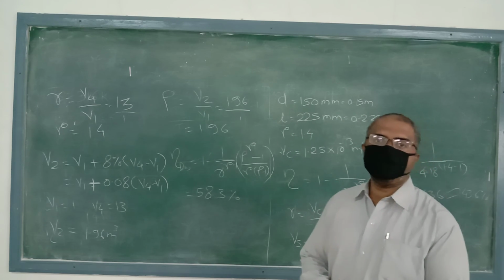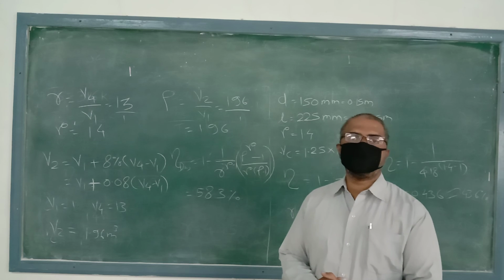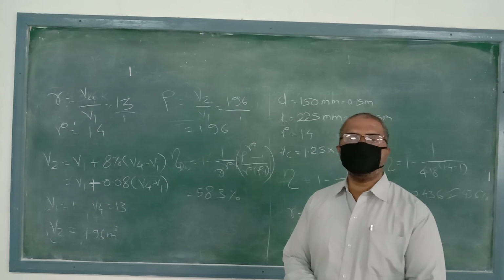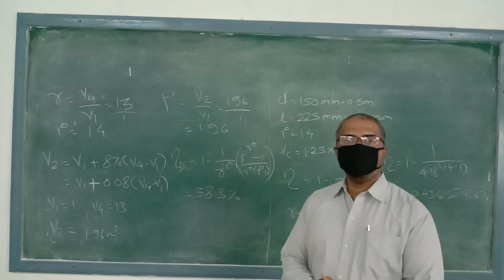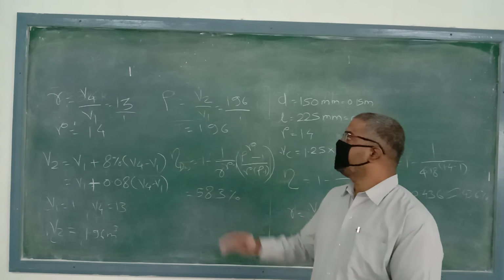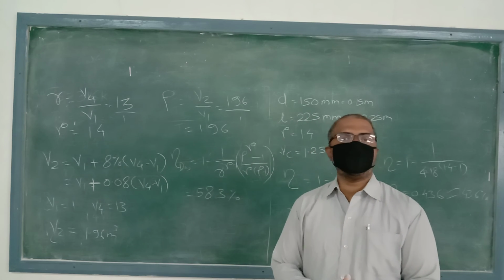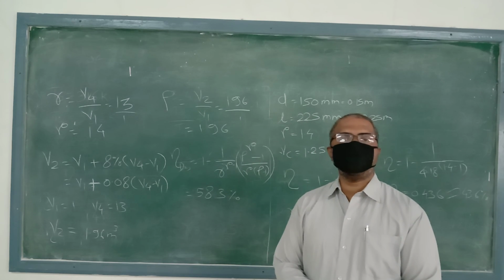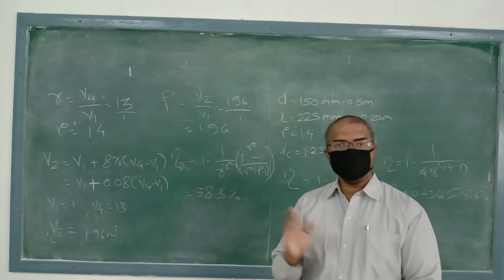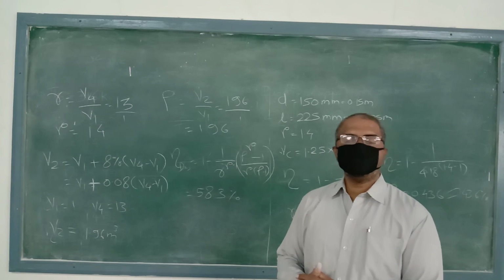We know that cutoff ratio for this diesel cycle lies when there is a constant pressure process, and which is equal to V2 upon V1. Okay, so in this problem V2 is unknown, but they have mentioned that fuel is cut off at 8% of stroke.